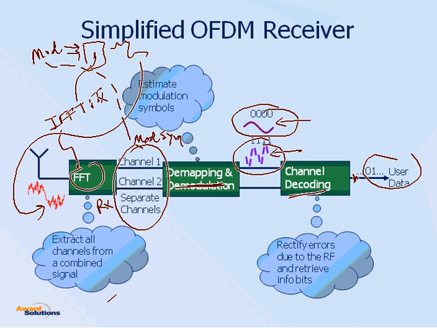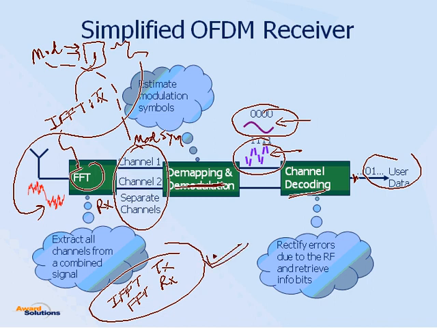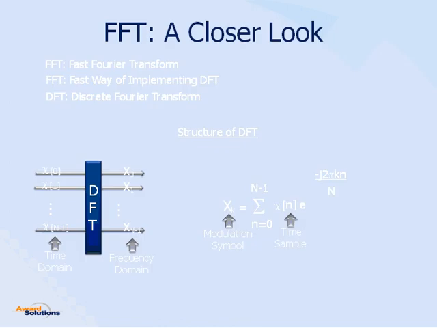So in summary, the IFFT at the transmitter and the fast Fourier transform at the receiver are the key building blocks for an OFDM system. Okay, that's the important piece of it. Again, if you are interested in the detailed structure, the FFT is nothing but a fast way of implementing the discrete Fourier transform.